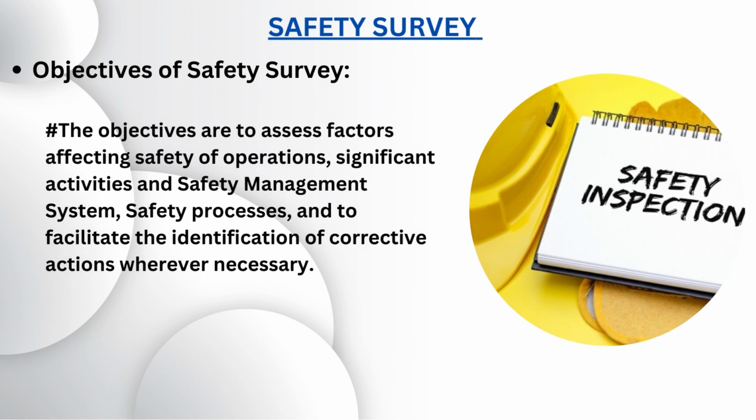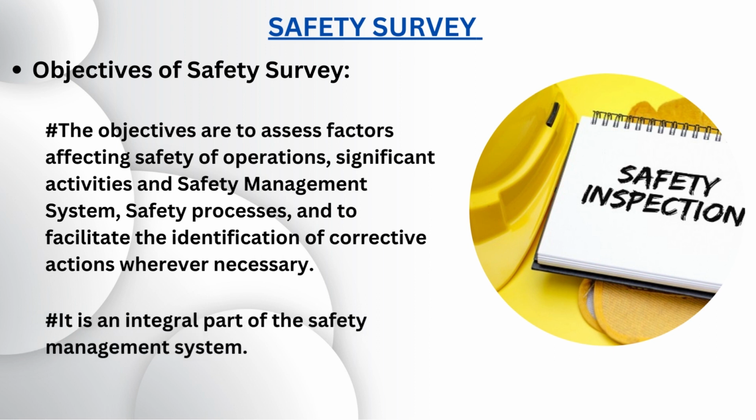Objectives of the safety survey are to assess factors affecting safety of operations, significant activities, safety management systems, and safety processes, and to facilitate the identification of corrective actions wherever necessary. It is an integral part of the safety management system.